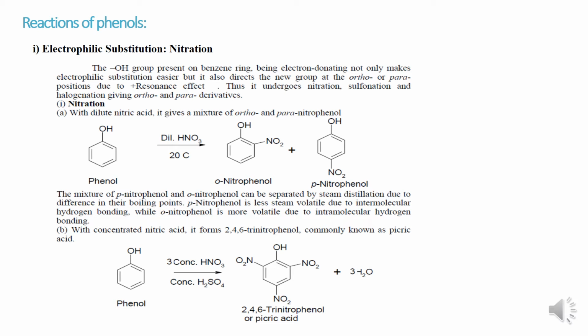A mixture of para-nitrophenol and ortho-nitrophenol can be separated by steam distillation due to the difference in their volatility. Para-nitrophenol is less steam volatile, because it is far away from the hydroxyl group of phenol.